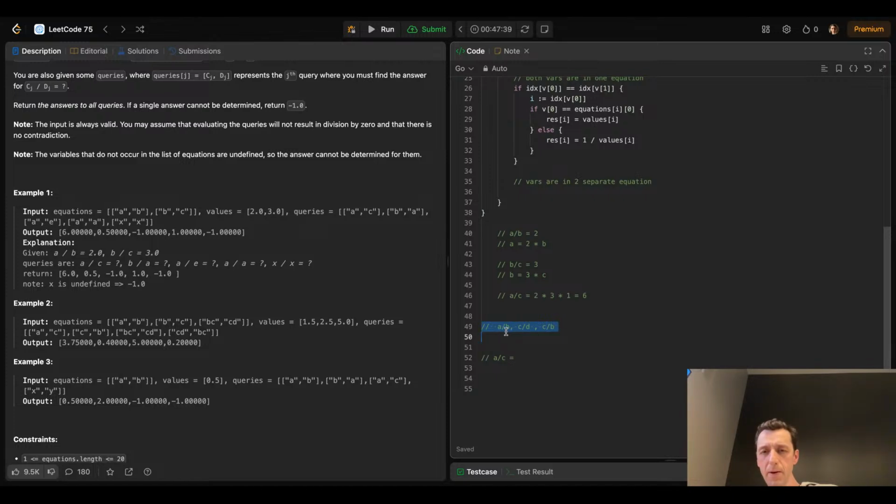I mean, B is here, C is here, D, the only one that nobody knows what is D. And for that we might need A, D. We might, we'll see.